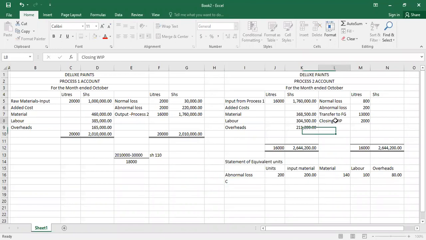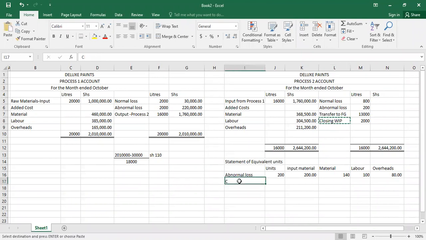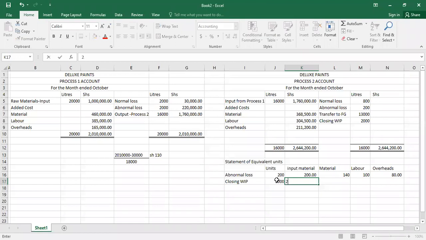Because you've been given the percentages, I've said you start working with the knowns, what you have been given. So input material again is 100% complete, which is 2000. The figure for material is the earlier figure that you are giving me, 80%.